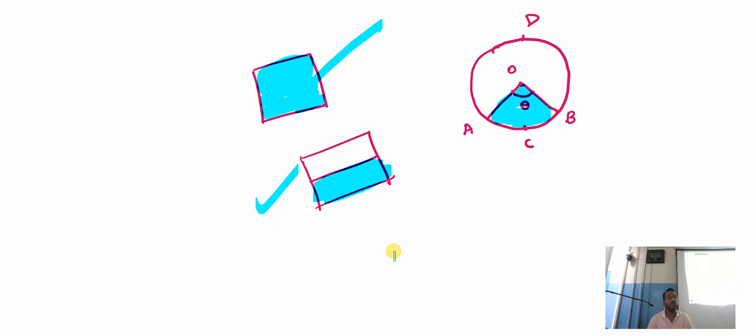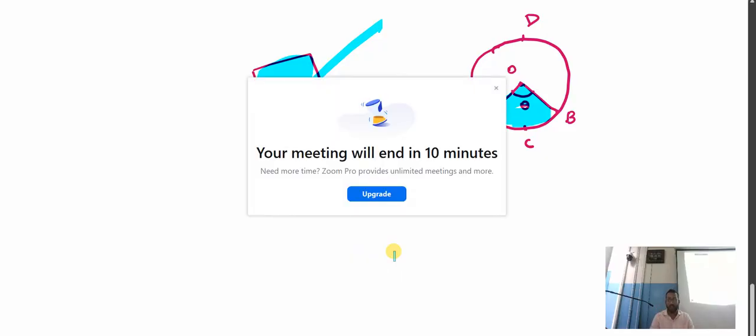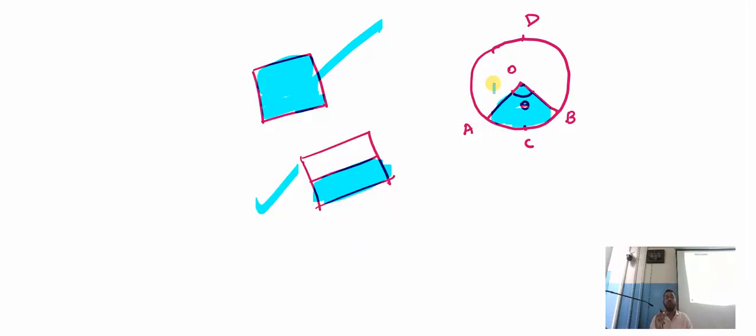This complete region is called the sector of a circle. Understood? Understood the meaning of sector of a circle?